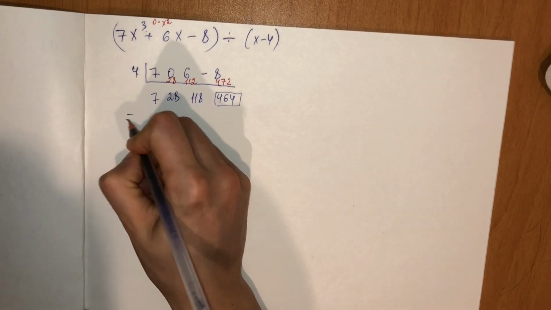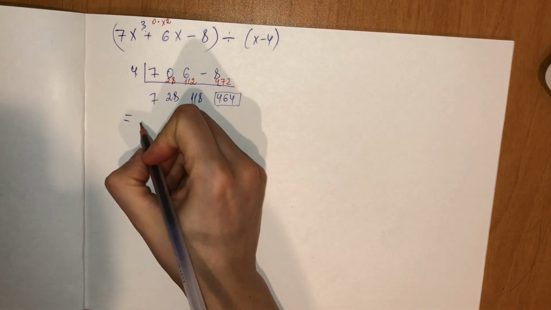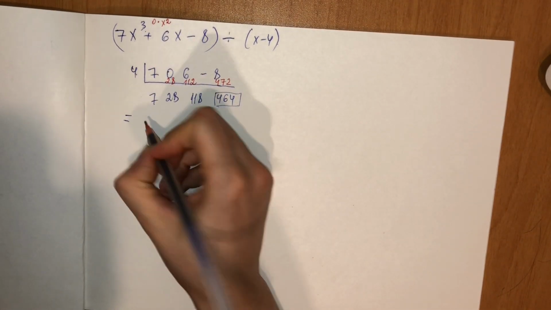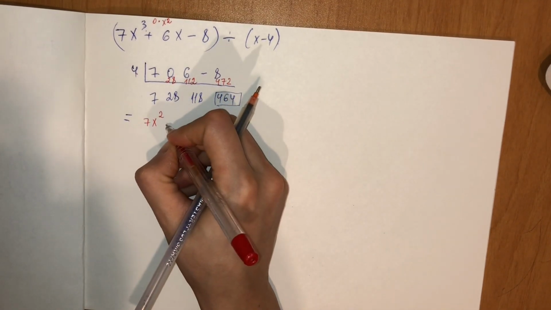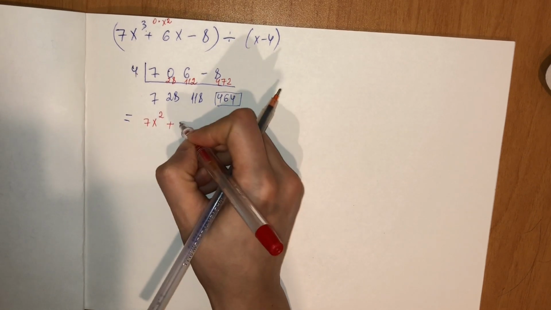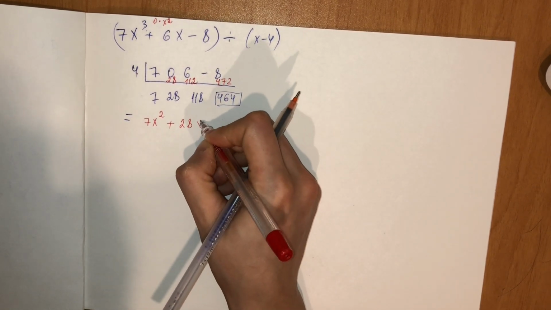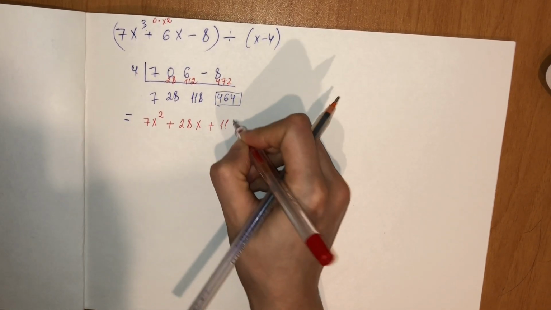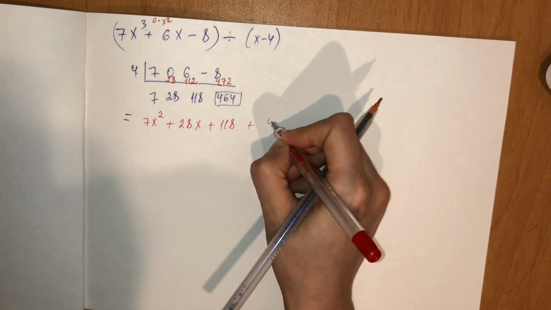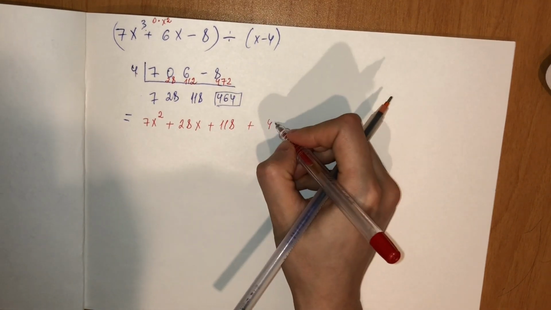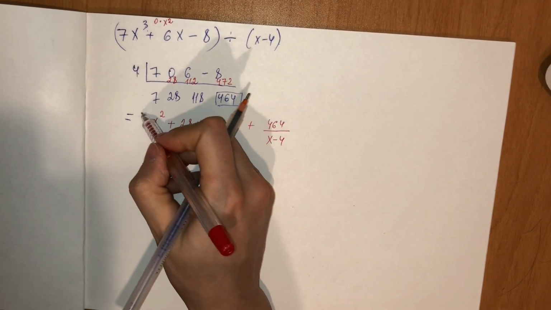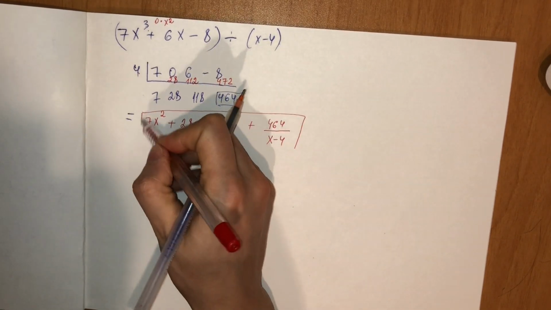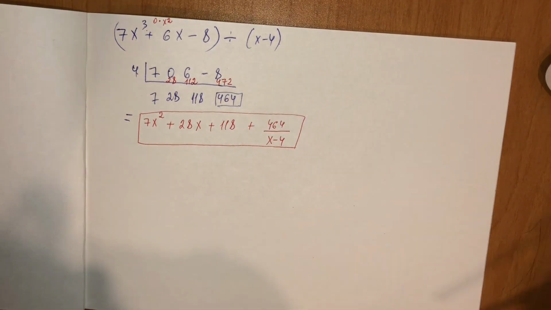And if we continue this process we will get 7 times x squared plus 28 times x plus 118 plus 464 divided by x minus 4. So this is our result.